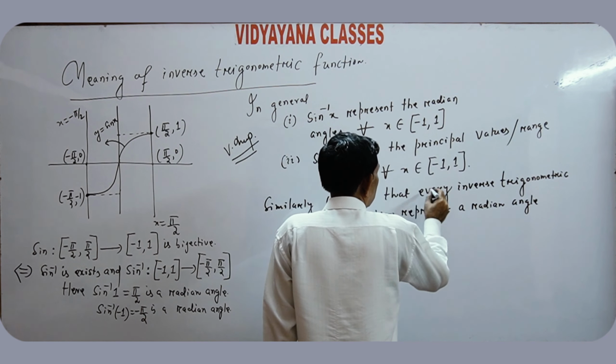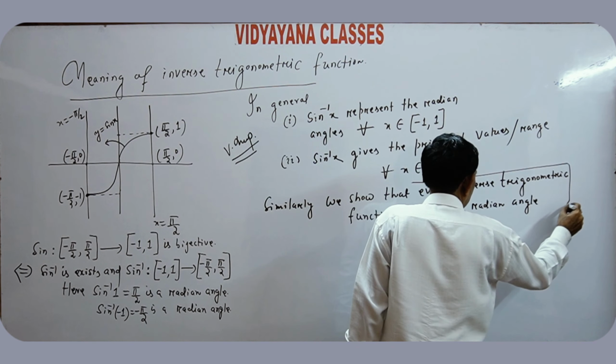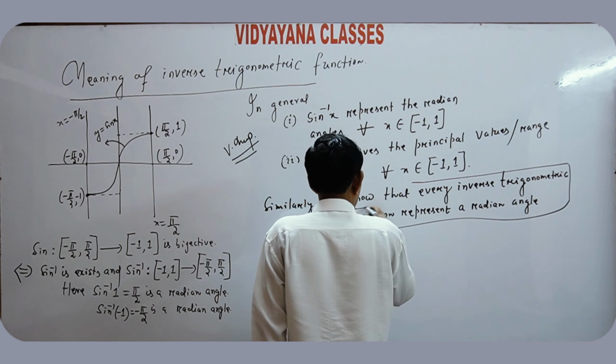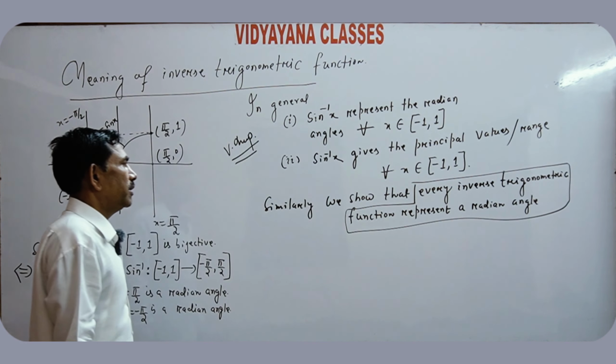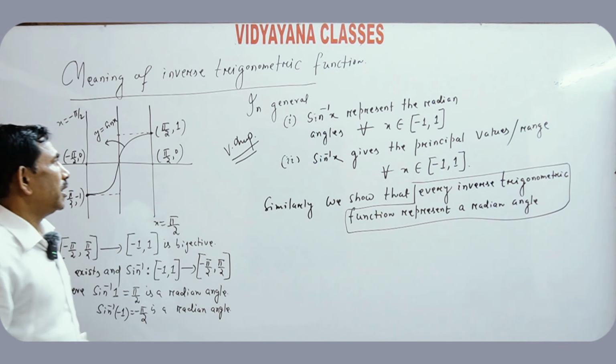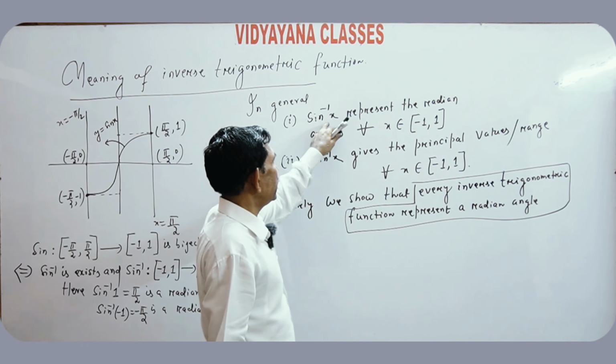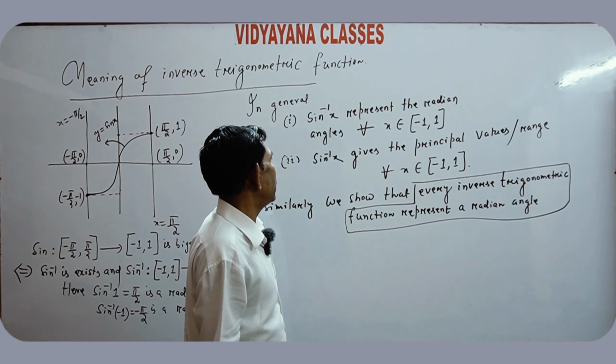Most important, every inverse trigonometric function represents a radian angle, and this sin inverse x represents the radian angles.